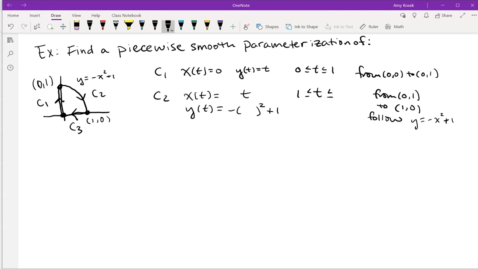The problem in this one is that if we let x of t be t, I have to let t start at 1, which would mean x is starting at a value of 1, which is not what I want. Instead, I want x to go from 0 to 1. So we want it to increase from 0 up to 1, and we need to edit that to make it do that.